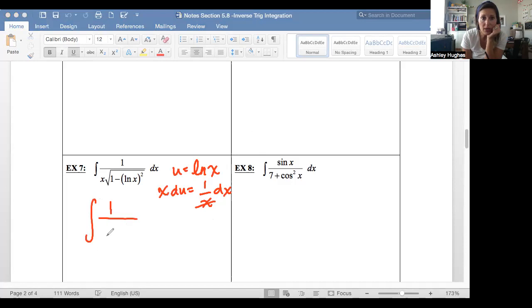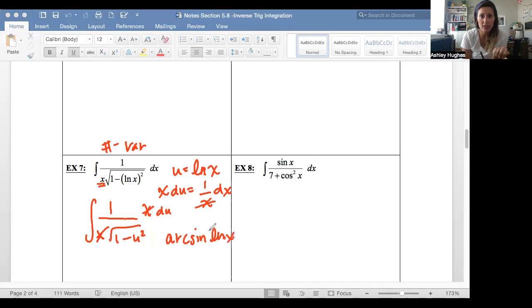Okay, so if I rewrite it, I get 1 over x and then the square root of 1 minus u squared, and then dx is x du. So these cancel, and so I'm actually just integrating 1 over the square root of 1 minus u squared. So again, I have that number first, which means it is arcsine, not arcsecant, because this x here is actually there because it's the du and divides out. So the answer here is just arcsine, natural log of x plus c.